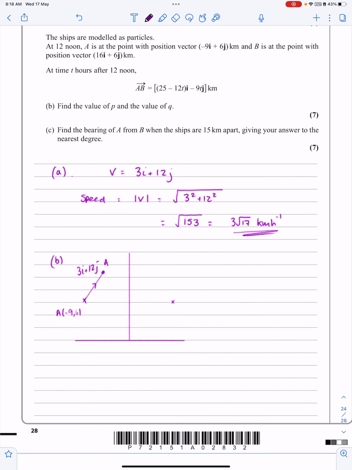So again, even though this is a sketch, if it's 16i and 6j, it's on the same horizontal, so I'm going to put B as 16, 6 here, and then pi plus qj. Well, if they're likely to meet, or be getting close to each other, I'm going to put pi plus qj there. It doesn't matter if I'm wrong, okay? The maths will tell me later on what's going on, but that just gives me an understanding of what's happening in the question.